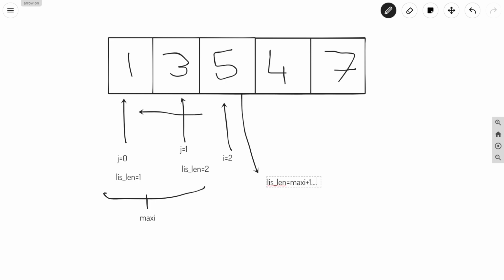In this way we get the length of the longest increasing subsequence, and to find the number of longest increasing subsequences, we can use a vector count. This vector will count how many LIS there are if the longest increasing subsequence is ending at 5.